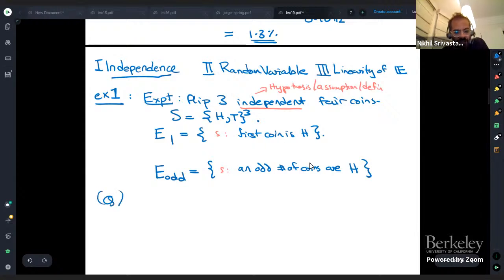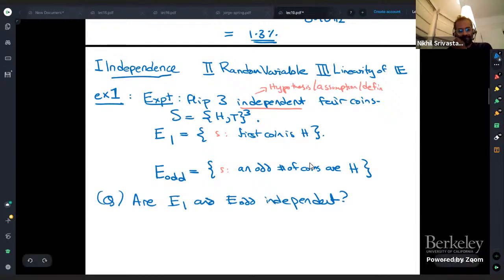which is, are these events independent? So before we try to investigate this, anyone have thoughts?